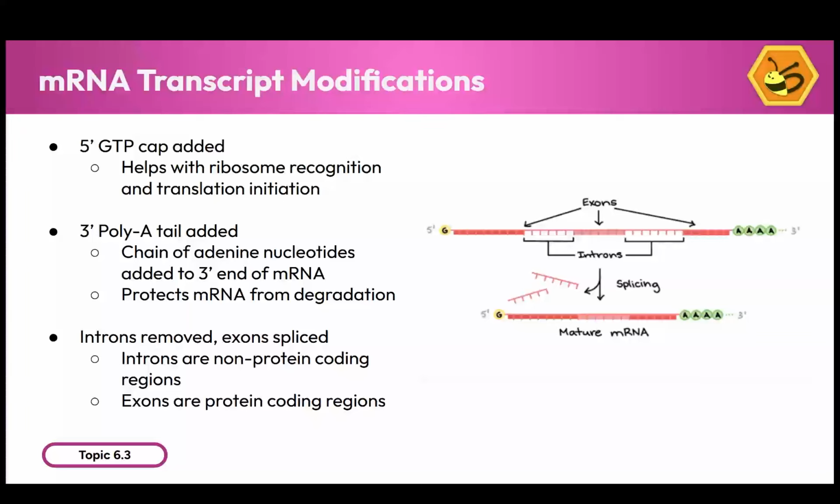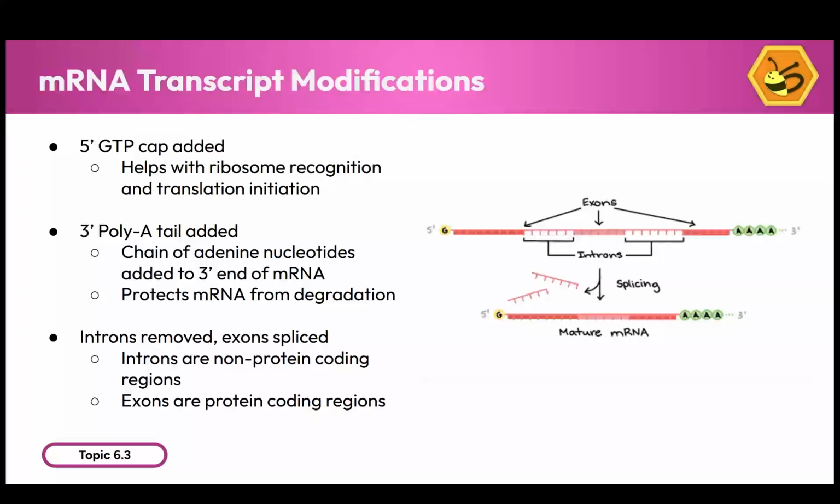But here are the mRNA transcript modifications. In eukaryotes, the initial mRNA transcript has to be modified before it can leave the nucleus. There are 3 major modifications which you need to know and memorize. You don't need to know why they're there. You just need to know that they're there.